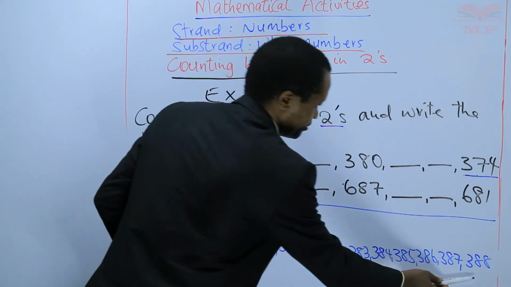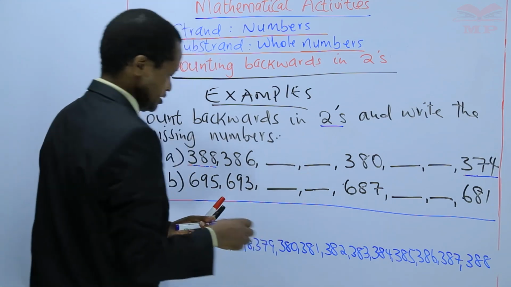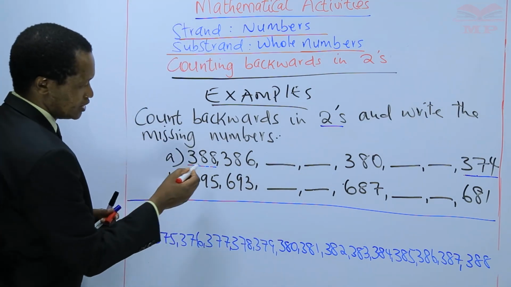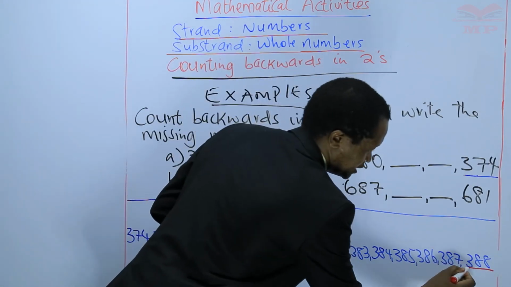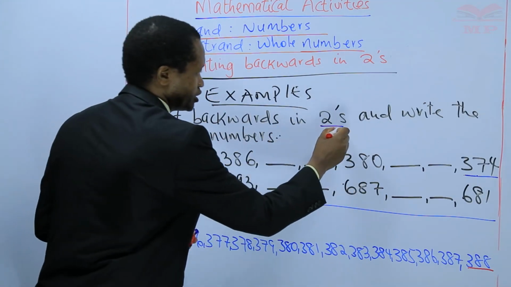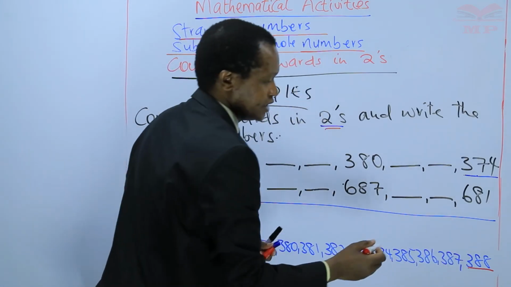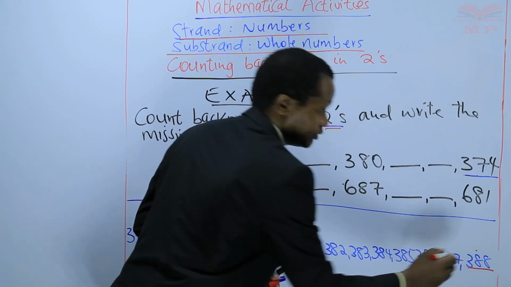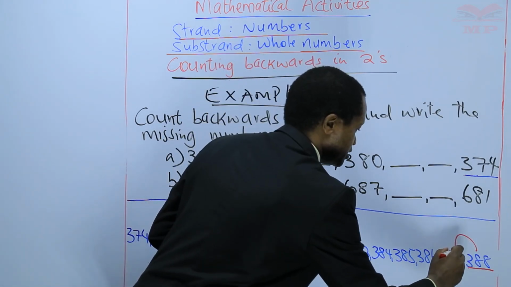Then we will use these numbers to write the missing numbers, because we need to count backwards in twos from 388, the way we did in our last lesson. We move 2 times, 1, 2.